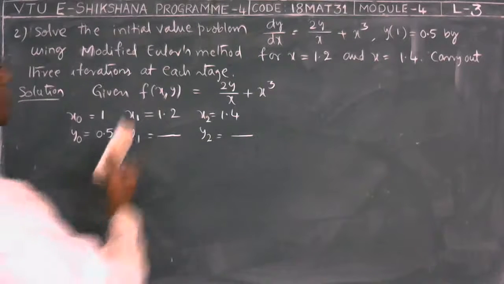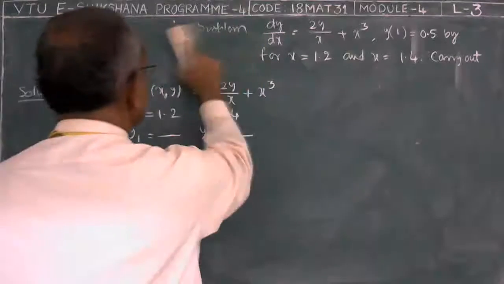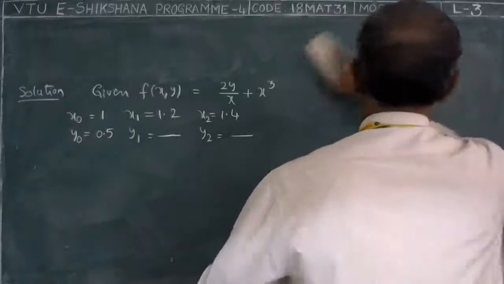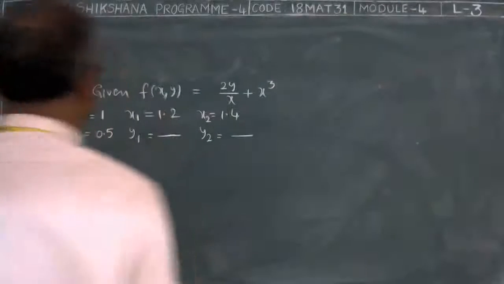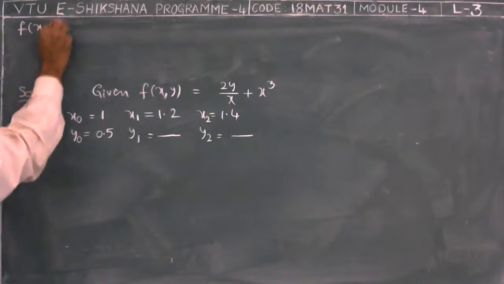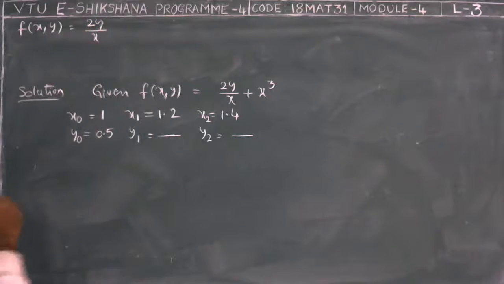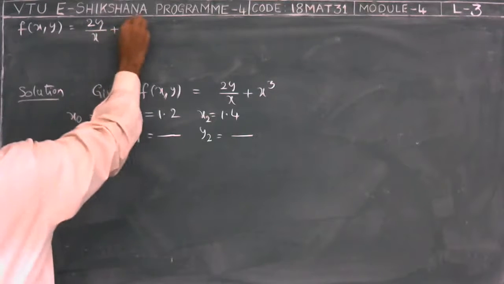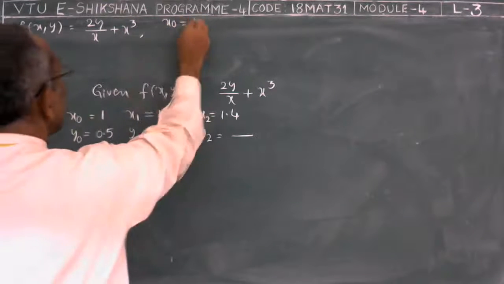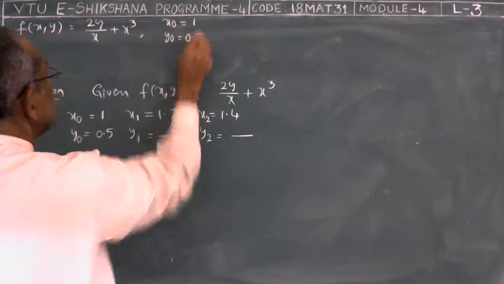So now I will remove this question. For want of space, I will write down the data and then proceed. So f of x comma y is given as 2y divided by x plus x cube. Then x naught is 1, corresponding y naught is 0.5.